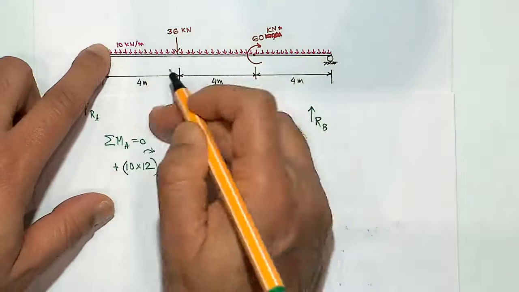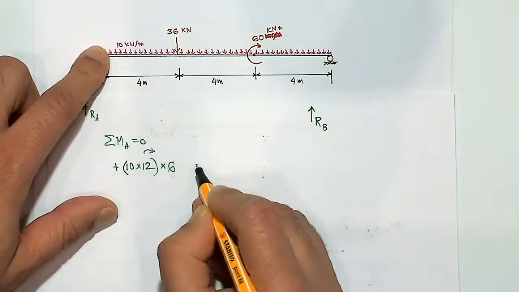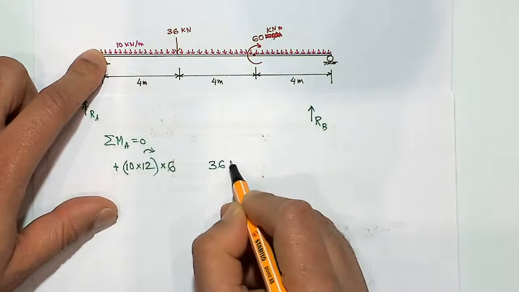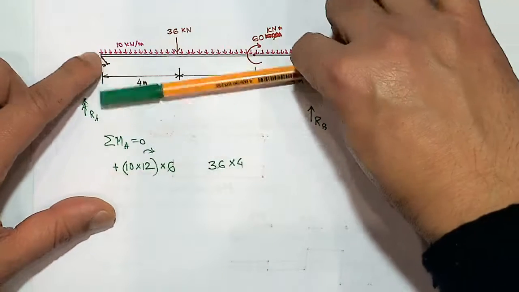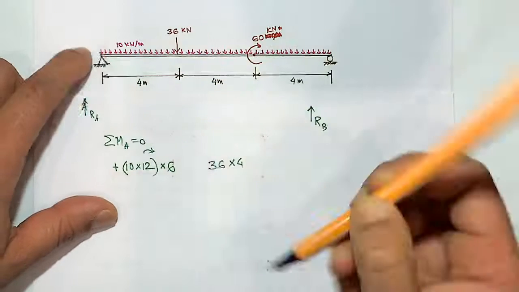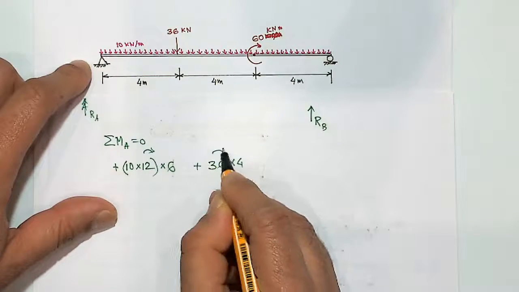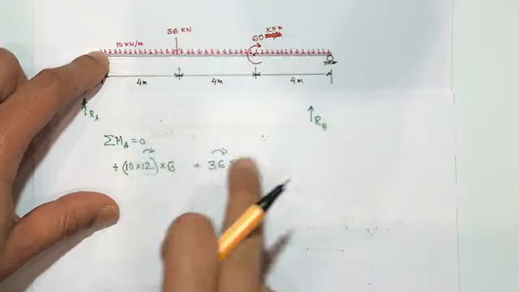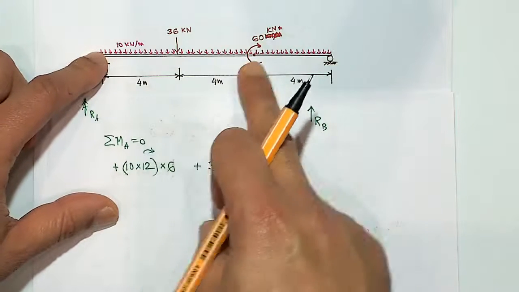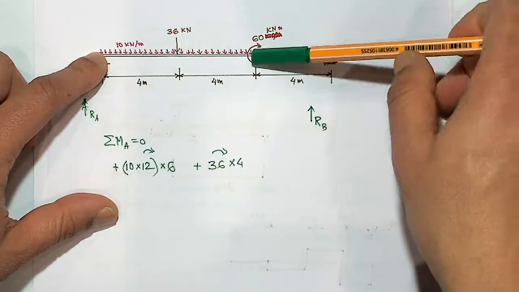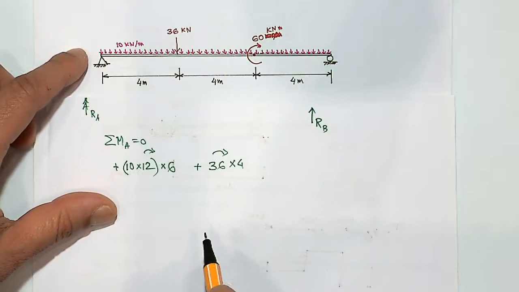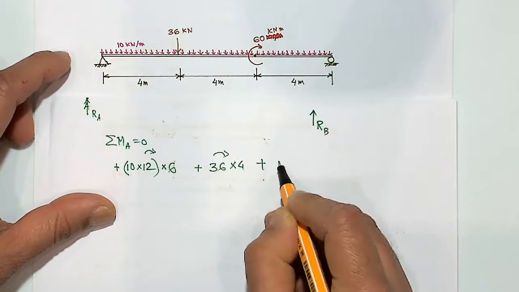So that's the UDL. Then the 36 kilonewton load acts at a distance of 4 meter. Clockwise or anti-clockwise? It is a clockwise moment, so that's a plus sign. Then the 60 kilonewton meter moment itself. There is no distance to use, but that is clockwise again, so that is plus 60.